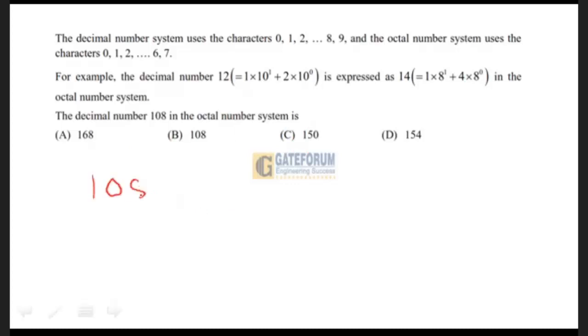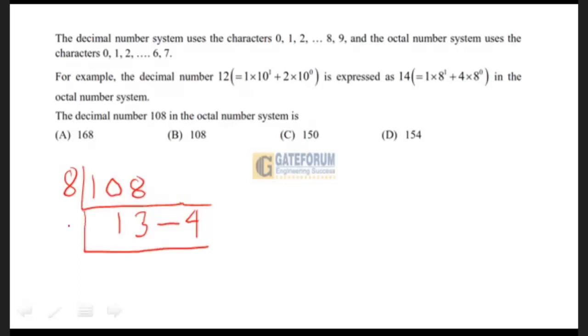See, decimal is this, divided by 8. So see, 13 eights are 104 and hence the remainder would be 4. Then divide 13 by 8. So 8 ones are 8, the remainder is 5. And then divide 1 by 8.